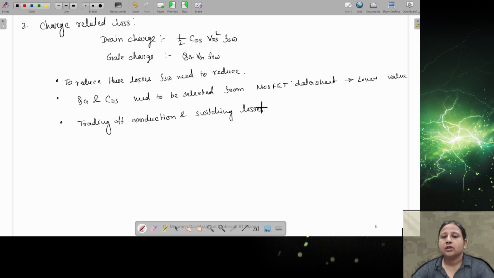If we optimize, we have to see which parameter is causing more losses.